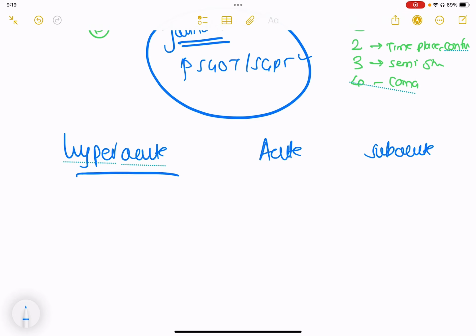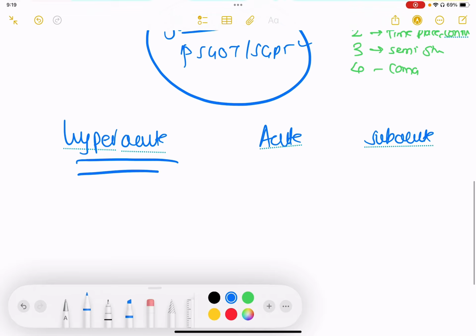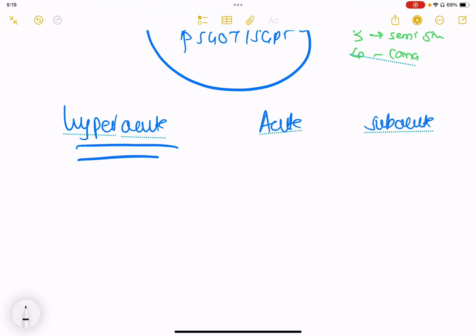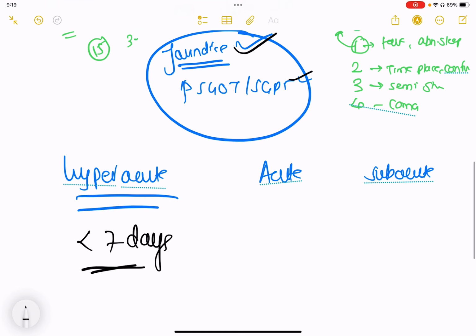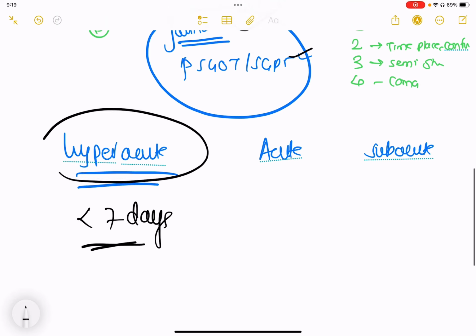Hyperacute means the liver failure sets in very fast, which is why it is called hyperacute. Very fast means usually within 7 days of the jaundice or derangement of SGOT and SGPT. So if the patient presents with jaundice or derangement in liver tests and develops coagulopathy and encephalopathy, it means the patient has hyperacute liver failure.